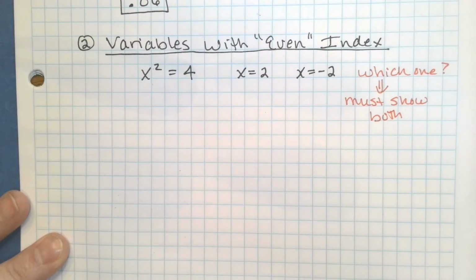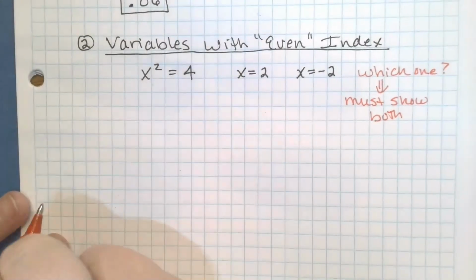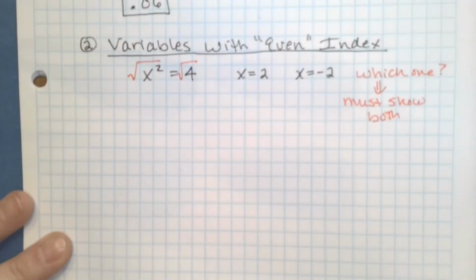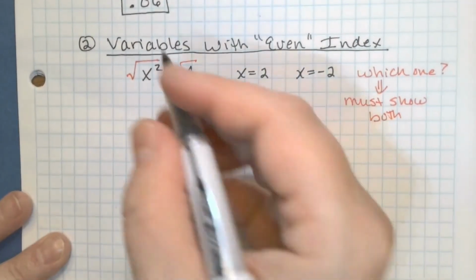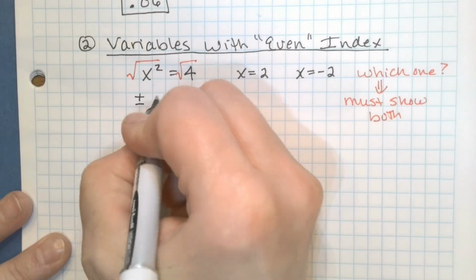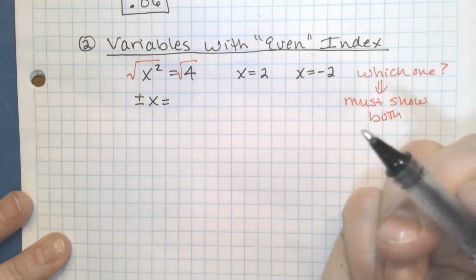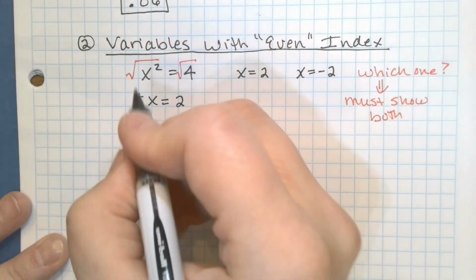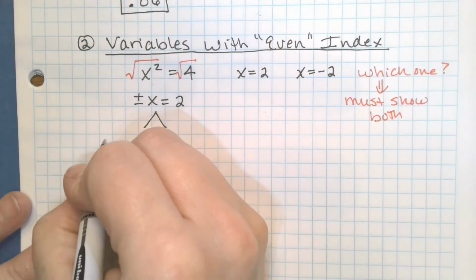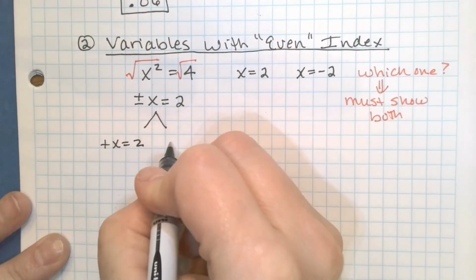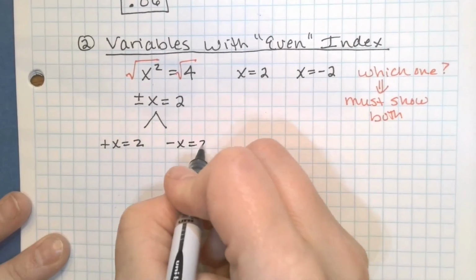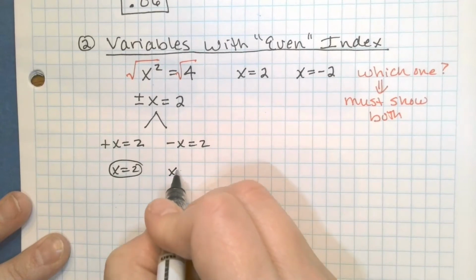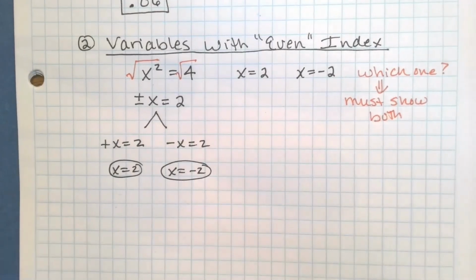If you remember, we got the square by itself. We took a square root of both sides. Two x's, one came out. It was positive and negative. 4 is 2 times 2. It's a perfect square. So 1, 2 comes out. And then we simplify. Positive x is 2. Negative x is 2. So we get x equals 2 and x equals negative 2. Two answers.